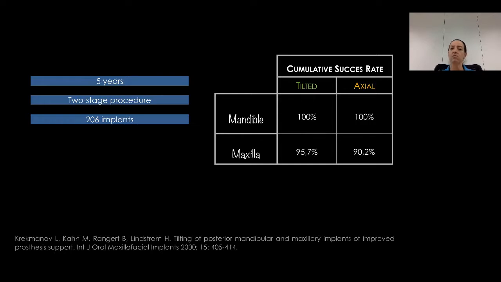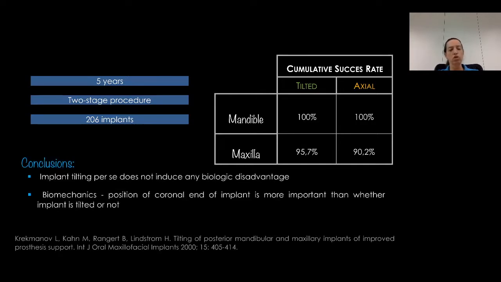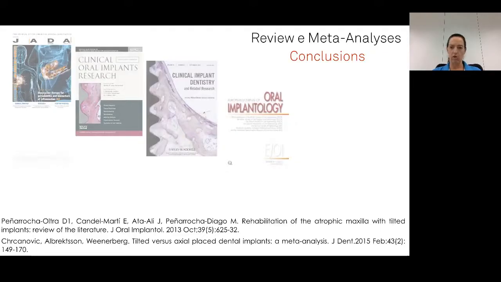Actually, in the maxilla, the tilted implants had an even better success rate than the axial ones. His procedure was a 2-stage procedure with 206 implants. His conclusions were that implant tilting per se does not induce any biologic disadvantage, and biomechanically the position of the coronal end of the implant is more important than whether the implant is tilted or not.